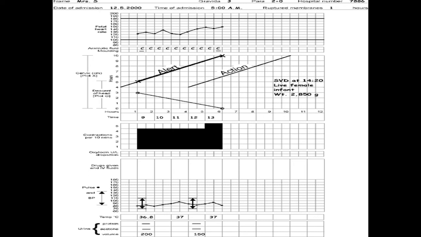The rest of the partogram stands for several pieces of information, as we said before: maternal vital measures and uterine contraction, which is marked at the third part of the paper sheet according to the power of uterine contraction, felt digitally over the abdomen of the mother. The drugs given should be recorded, and also the vital measures and urine output of the mother.